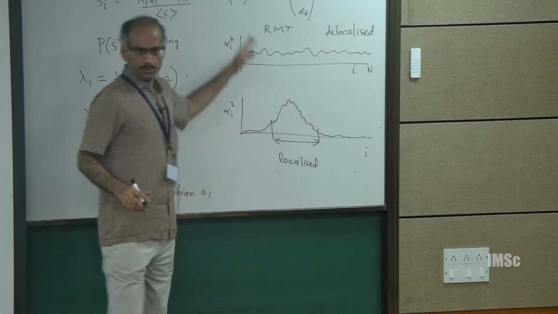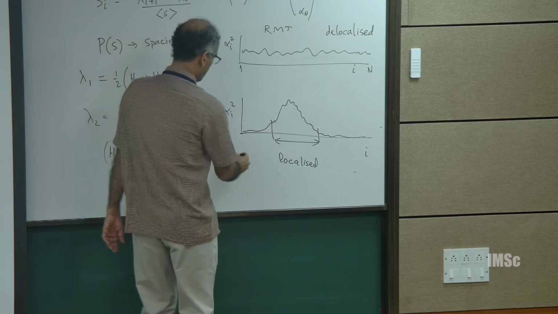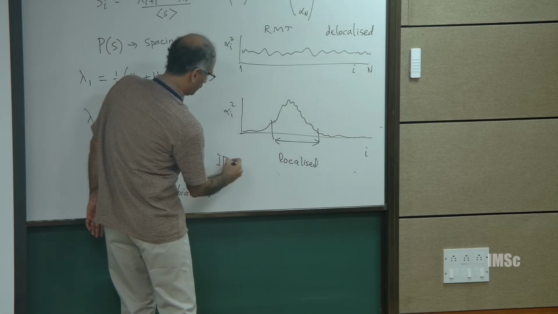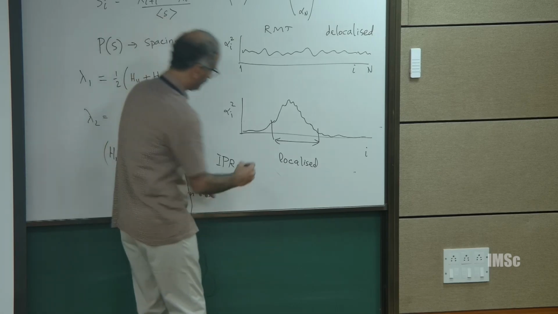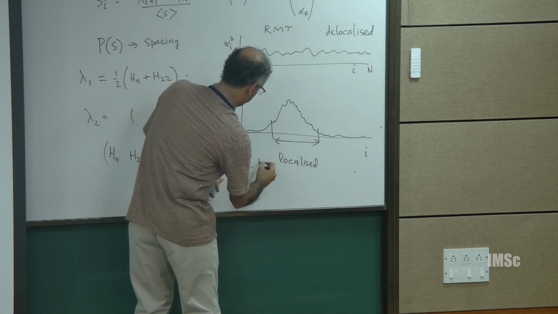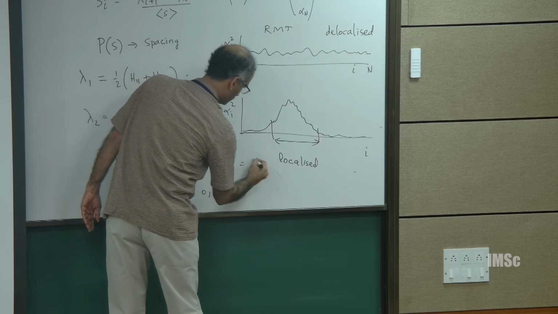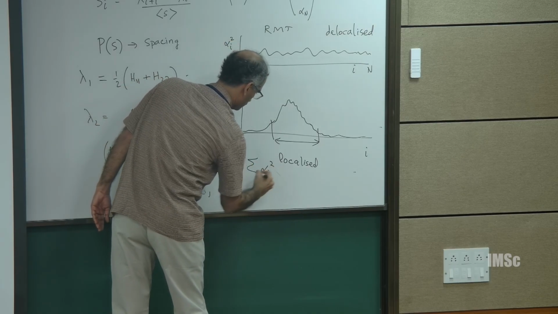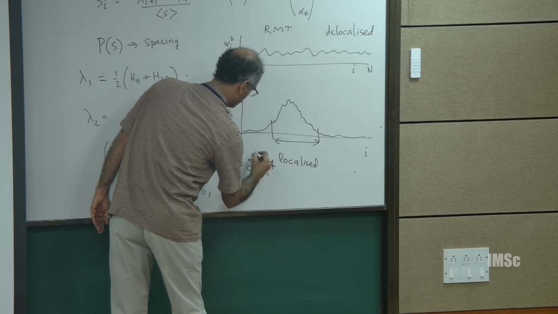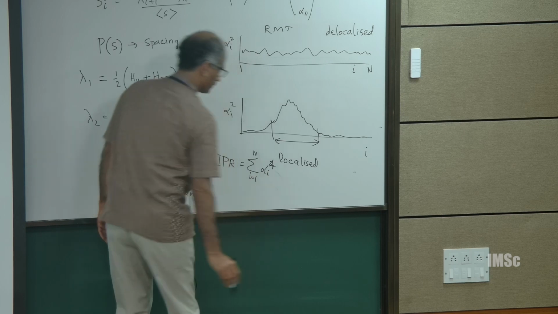And you don't need to plot this, you can actually use a quantity called the inverse participation ratio, which is a sum over this one.